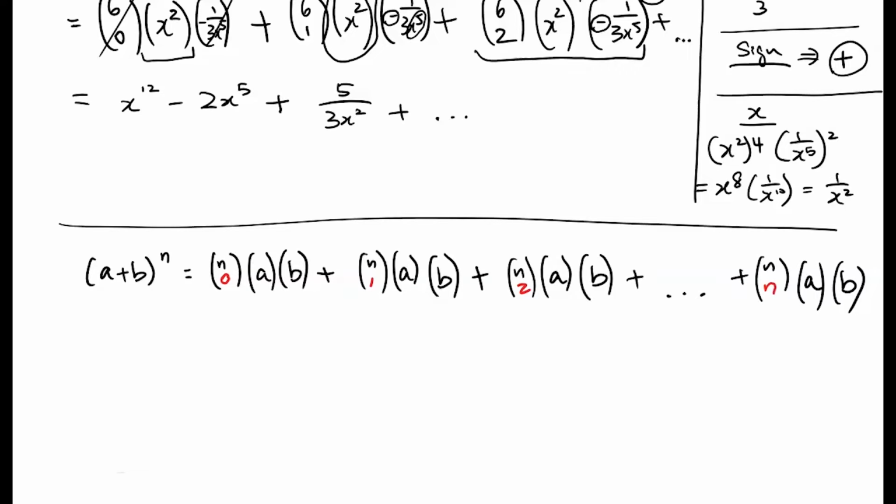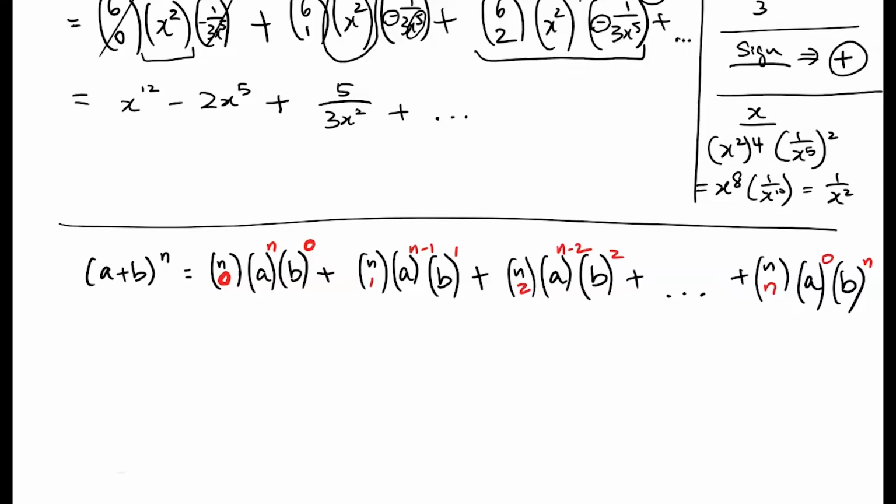And then the powers for a and b, this is the same as this number. So the two numbers at the two corners are the same, and then the two powers must add up to n. So this is n, and this is 1, this is n minus 1, 2, n minus 2, and n, and this is 0.